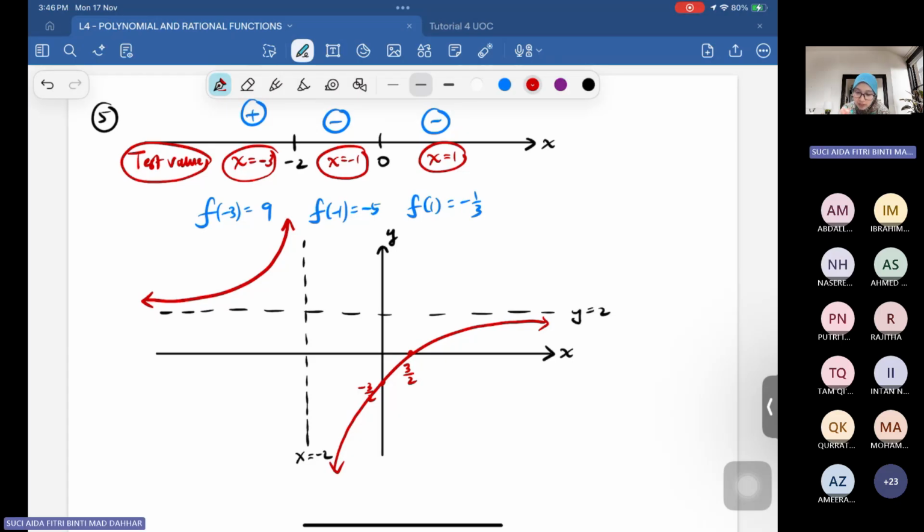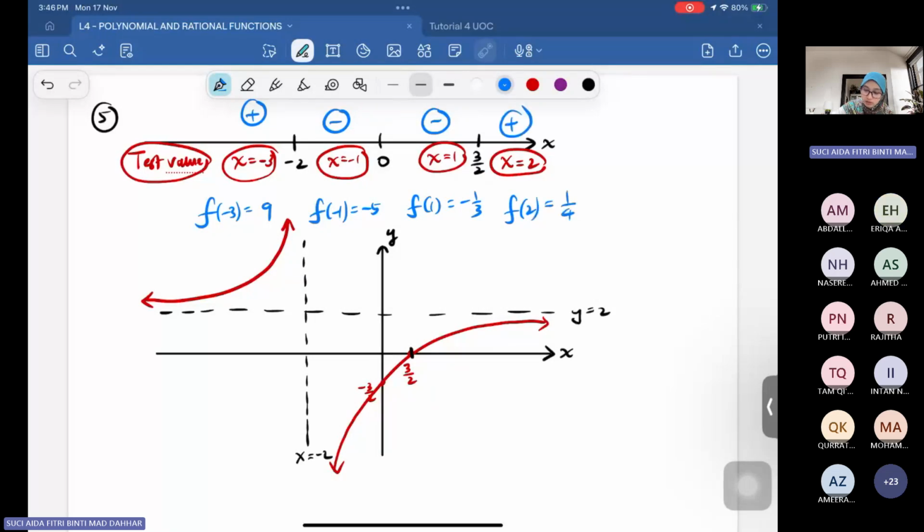You can actually add another partition here because your x here is 3/2, right? So if you add 3/2 here, then you can pick one more test value. 3/2 is 1.5. Maybe you can pick 2 here. If you substitute 2 into it, this time you get positive f(2), positive 1/4.